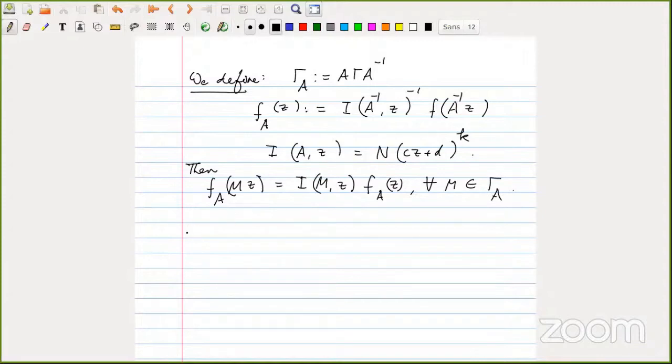We can recall that if infinity is a cusp of gamma, then kappa is a cusp of gamma. So if kappa is a cusp, then infinity is a cusp of gamma A.